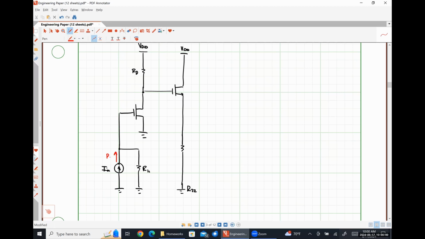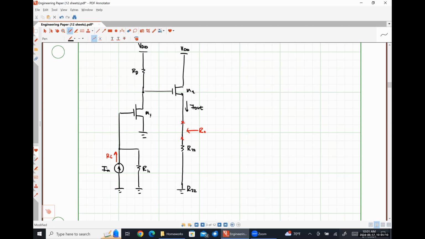Looking into here is how we will find RI. Looking into here is how we will find R naught, because I forgot to label it a second ago. Here's I out, R22, M2, and M1.